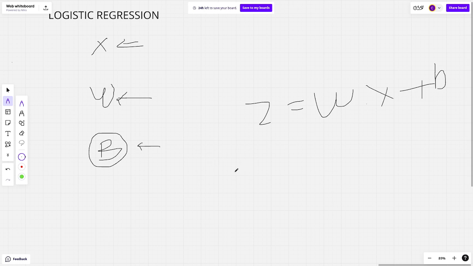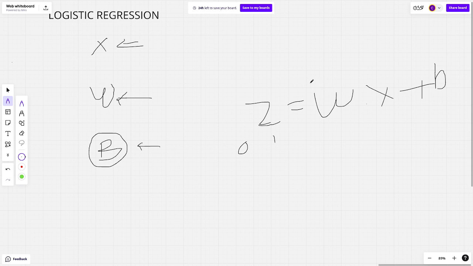The problem with the score is that z can be any number, and it can even be a negative number, but we need it to represent a probability, a number only between 0 and 1. So that's where the sigmoid function comes in.